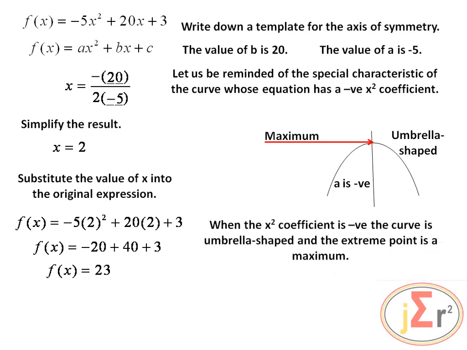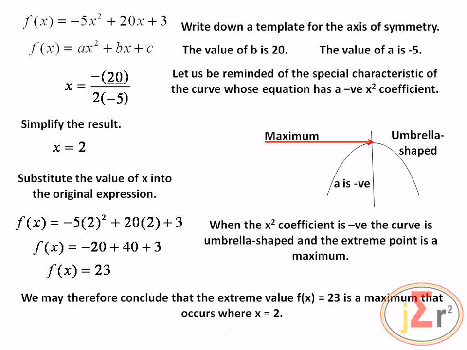When the x squared coefficient is negative, the curve is umbrella shaped, and the extreme point is a maximum. We may therefore conclude that the extreme value f of x equal to 23 is a maximum that occurs where x is equal to 2.